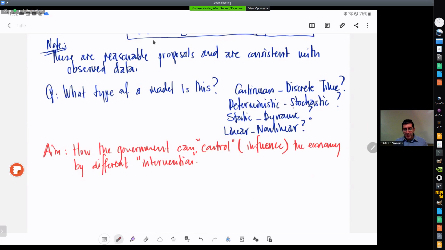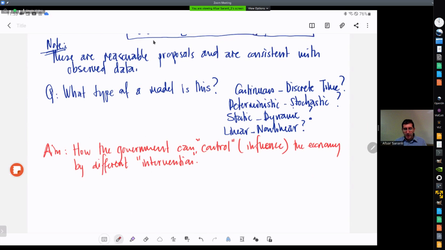Now, what is the goal variable? What are we really interested in? We are interested in improving the gross national product. So the government is interested in boosting the economy, meaning that the government wants to increase the gross national product.